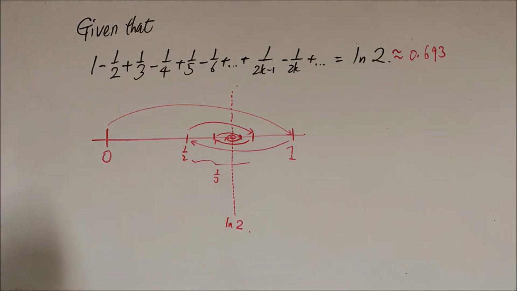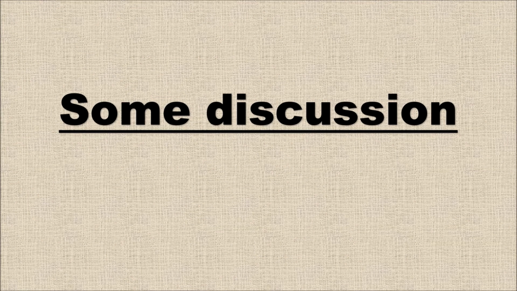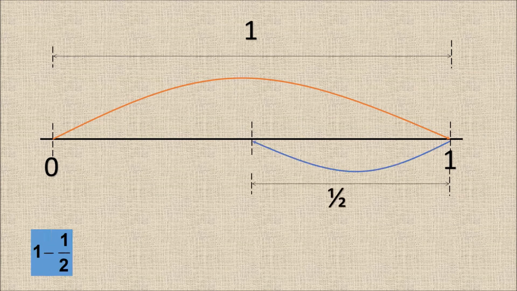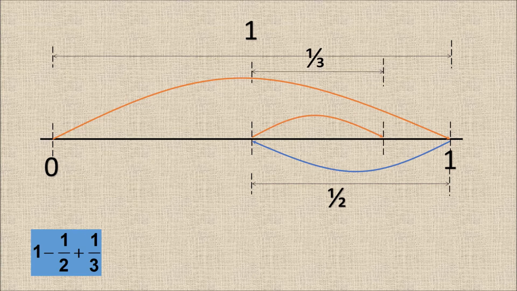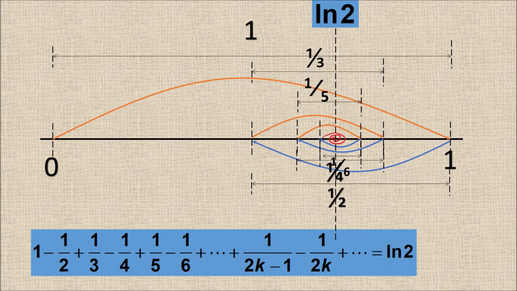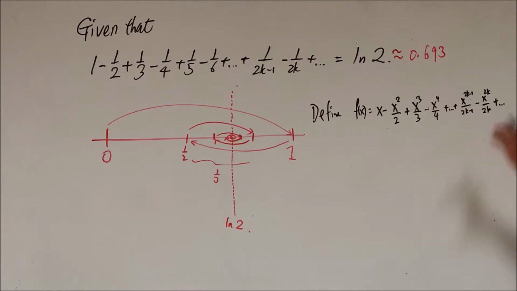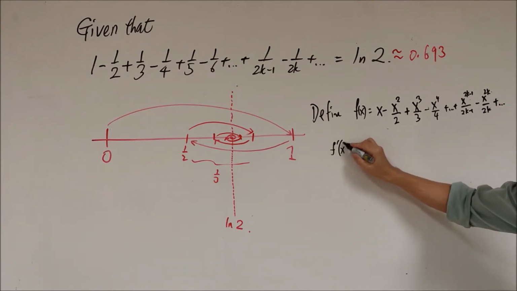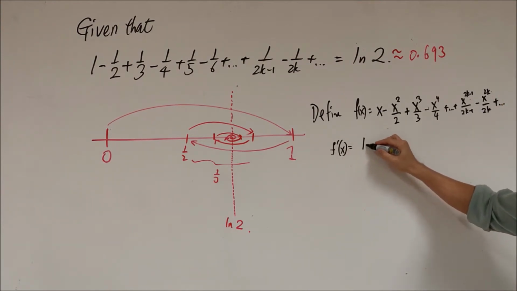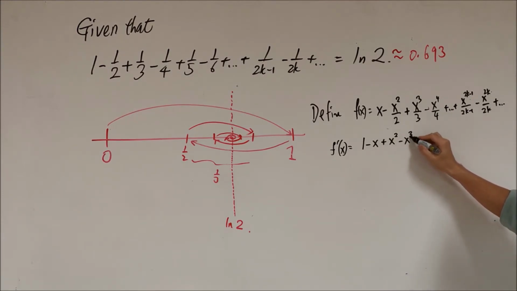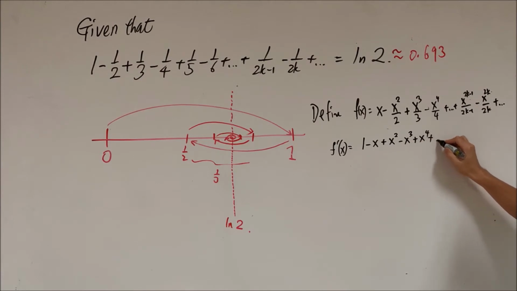Why is it log 2? We define f(x) as such, and we can see that f'(x) will be equal to 1 minus x plus x squared minus x cubed plus x^4, and so on and so forth.